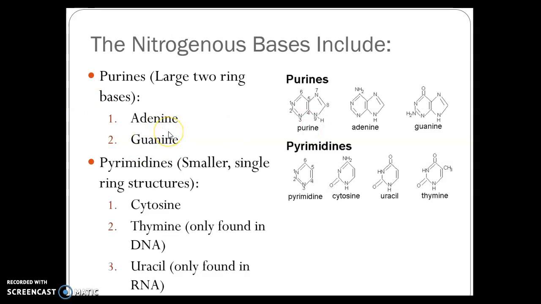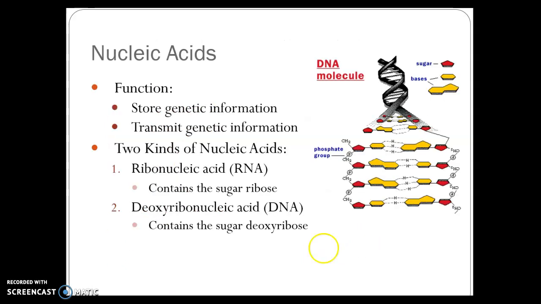You see those in DNA and RNA. Pyrimidines, these are smaller single ring structures. Cytosine, thymine, and uracil, those are considered pyrimidines. So cytosine, you're going to find that in DNA and RNA also. Thymine, you're only going to see that in DNA. Uracil, you're only going to see it in RNA. So there's the nitrogenous base options when you're looking at structures of the different nucleic acids.